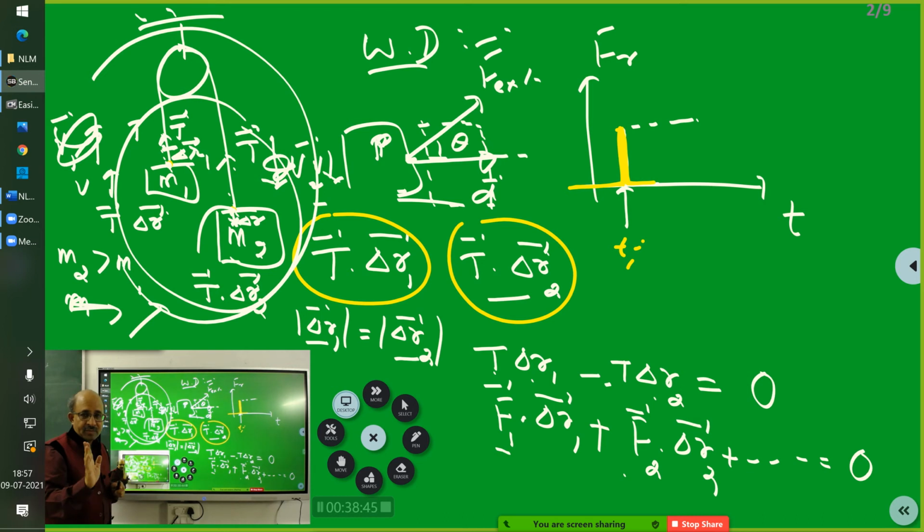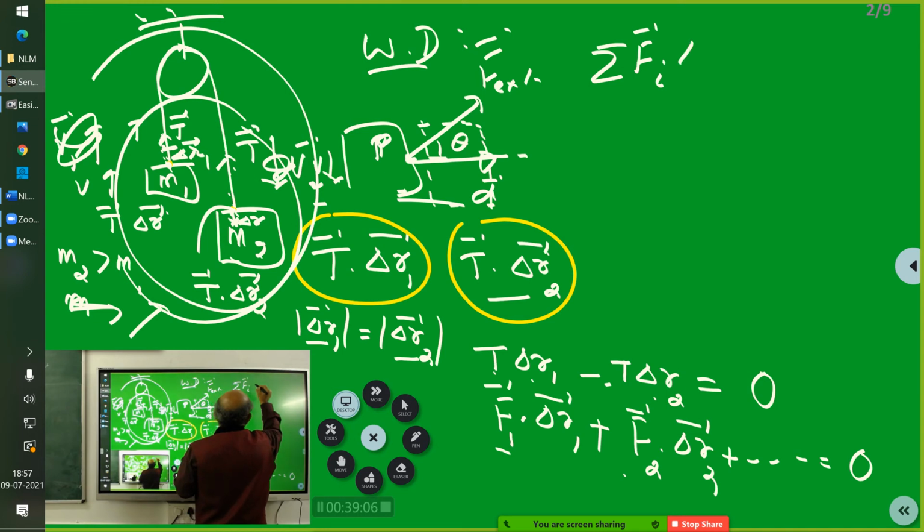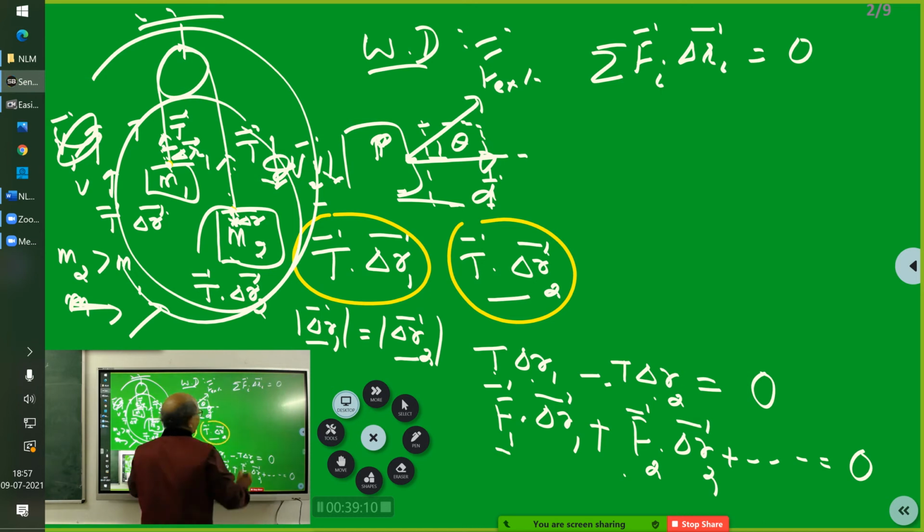Understood? So therefore, if you take the work done by the internal forces here, in this case the tension, then I can write it like this: summation Fi bar dot delta Ri bar is equal to 0. Correct?